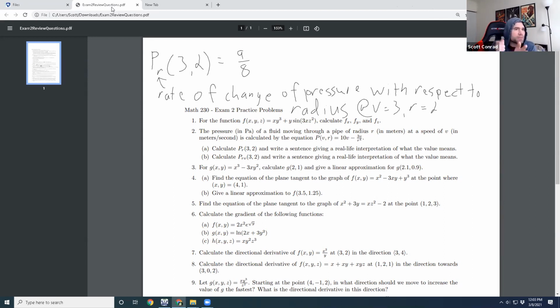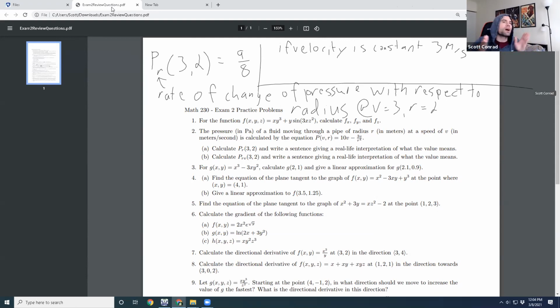So suppose you keep the velocity the same. Suppose you keep the velocity constant for your fluid, and suppose magically you can change the radius of the pipe.